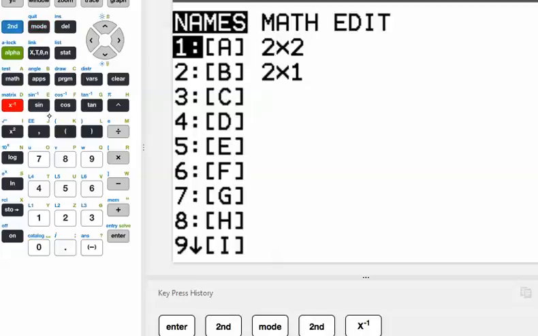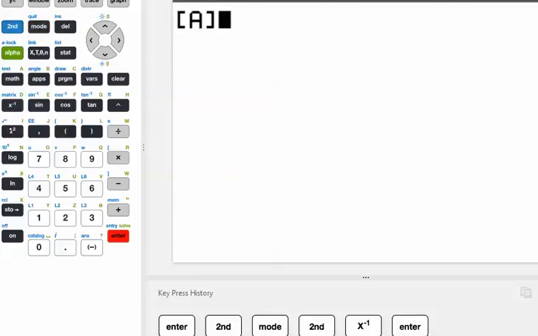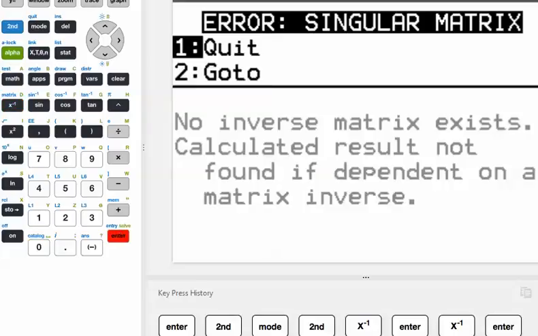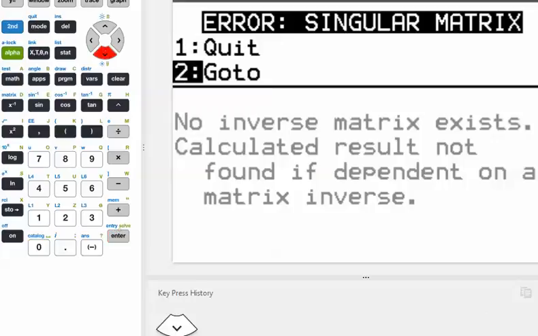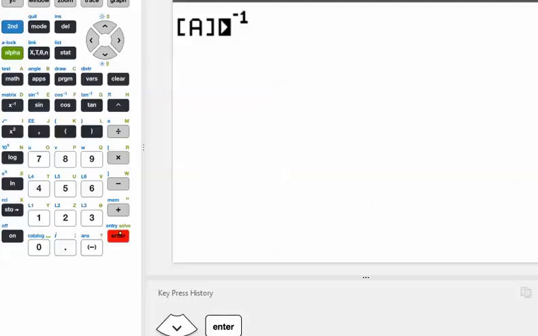Second matrix. I'm going to call up matrix A. I'm going to press x to the negative 1 power, which gives me my inverse. And look what happens. It says no inverse matrix exists. So we could go ahead and go to the go-to. Okay, and it's just saying, hey, I can't find an inverse of this matrix.